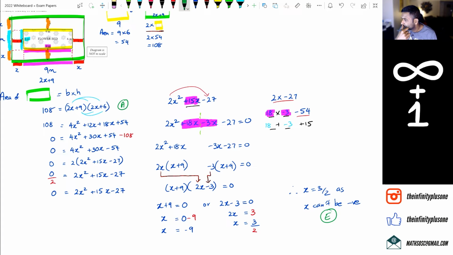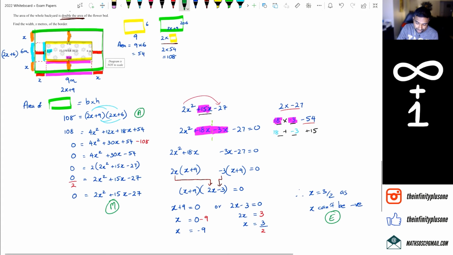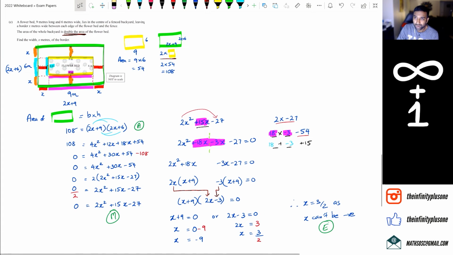For a merit, simplification to a quadratic equation can get you a merit, which is up to there. And of course, if you get a wrong answer from any of this, you could also get a merit for it. So that's pretty much it for this question. Even though it's a long question, it's just a matter of breaking down the question into those little parts and then slowly working your way through it.